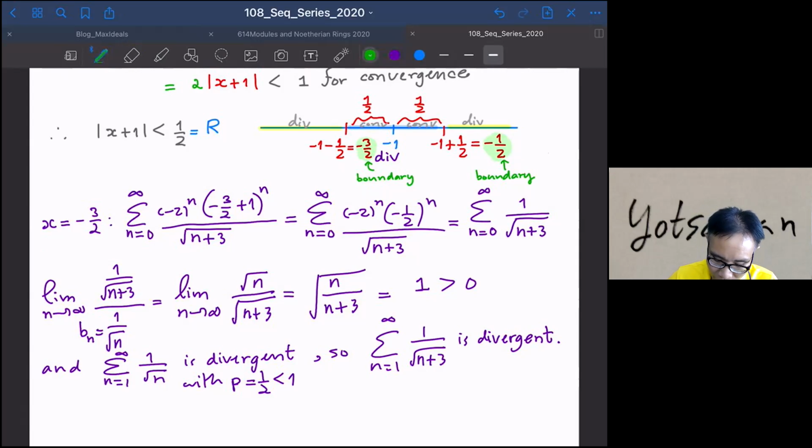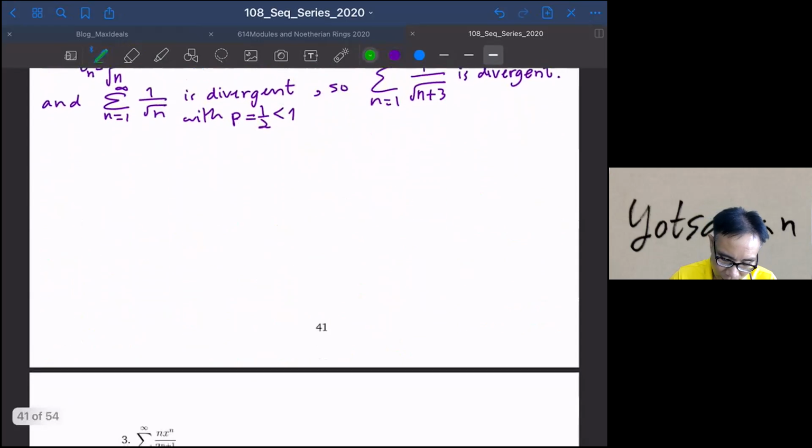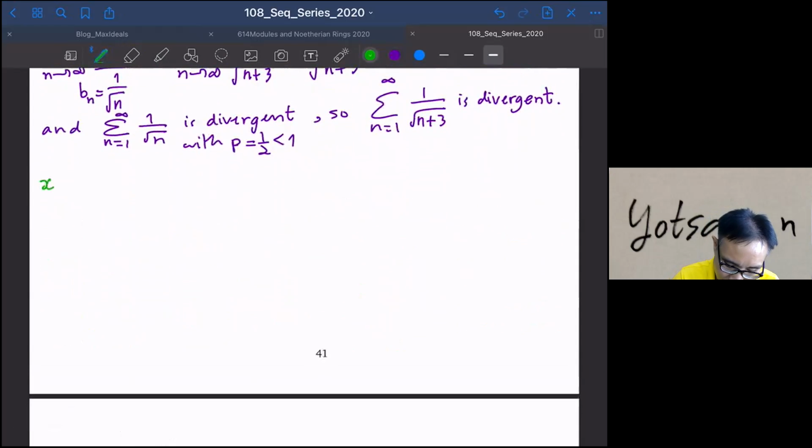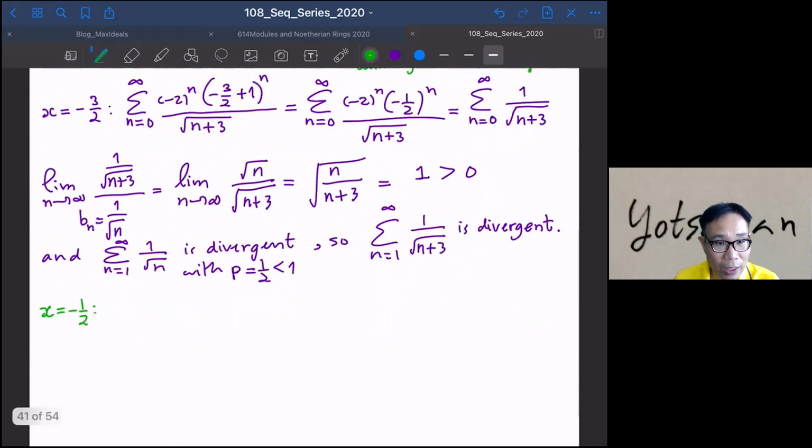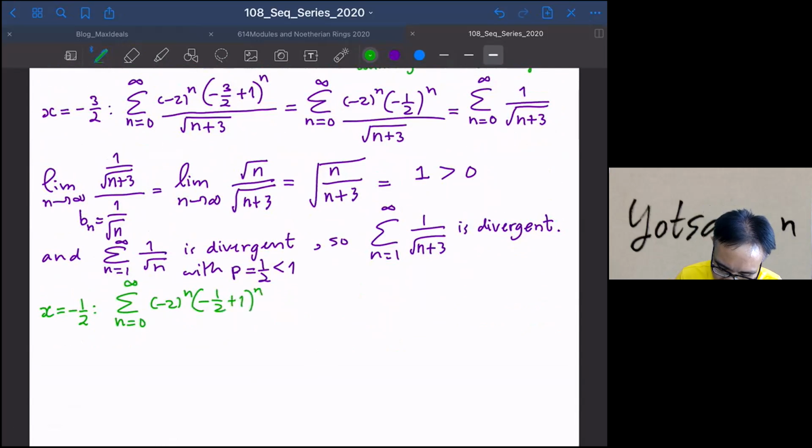So for x equal to negative 1/2, you're going to have the series sum from n equal to 0 to infinity of negative 2 to the n, and you have negative 1/2 plus 1 to the n over square root of n plus 3.